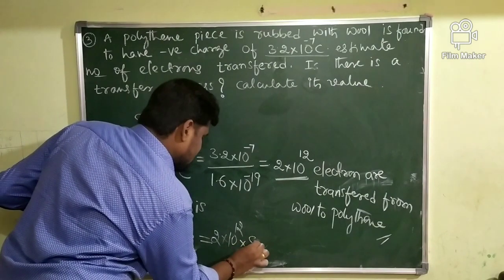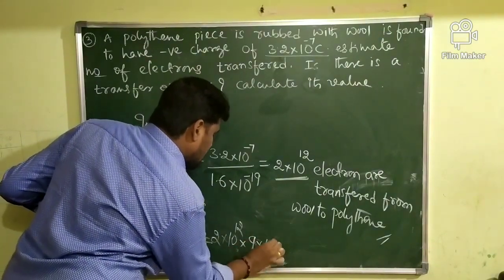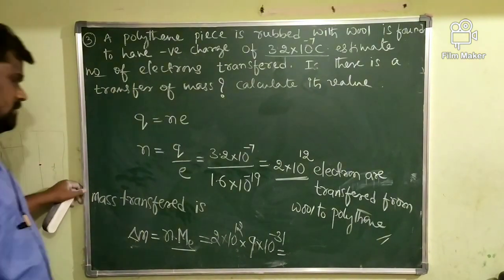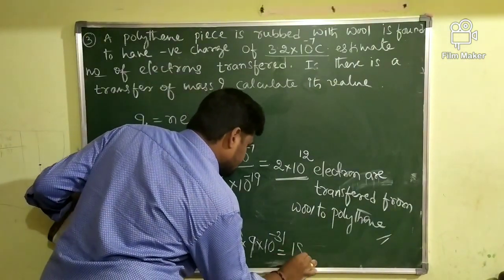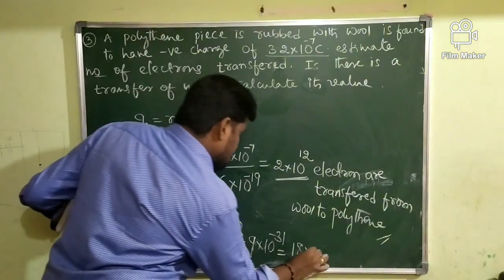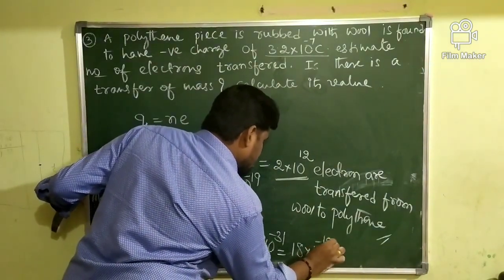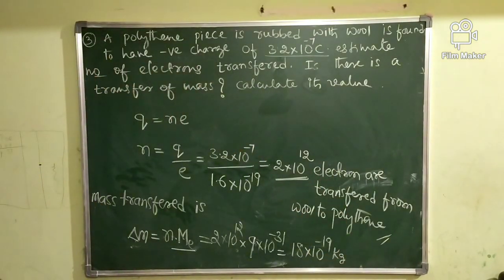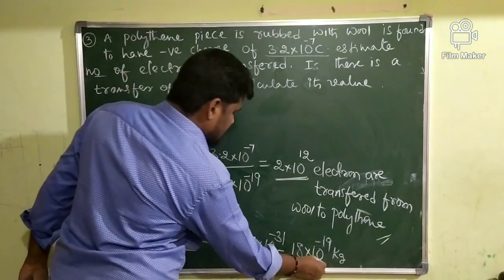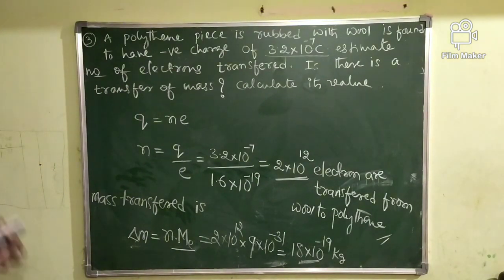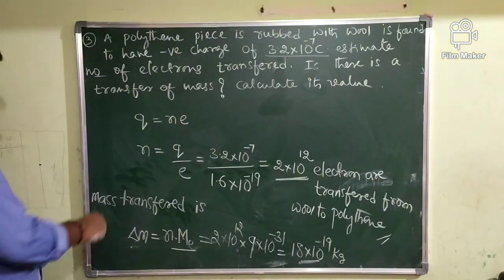I will take this as nearly 9 into 10 power minus 31. 9 into 2, how much is it? 18 into 10 power minus 19 kg. 18 into 10 power minus 19 kg is the transfer of mass from wool to the polythene.